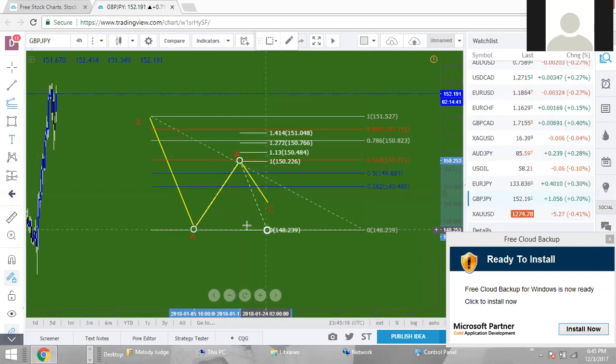We'd be looking to enter the market in between the 786 and the 127 extension of A to B.